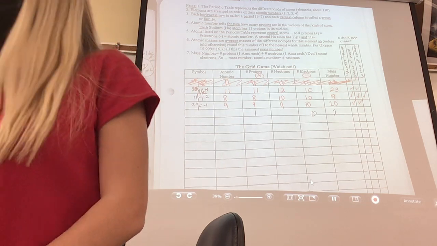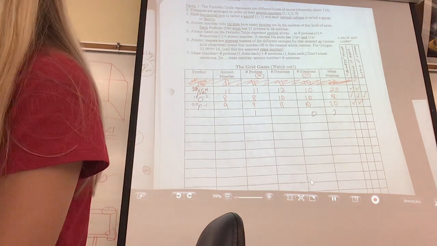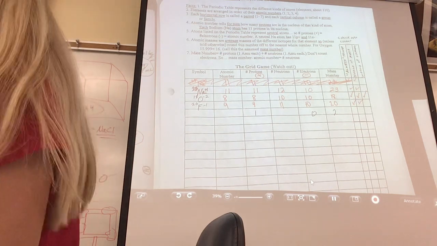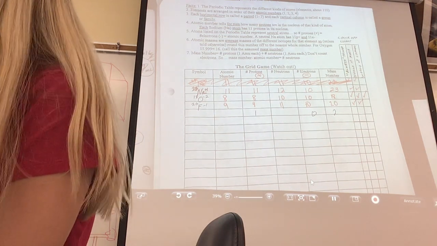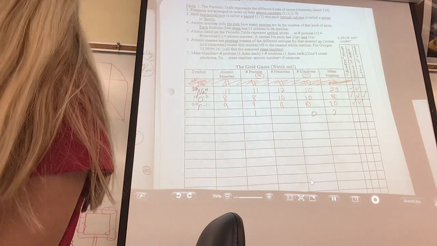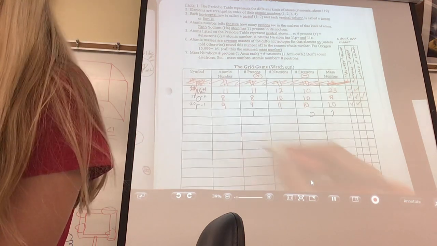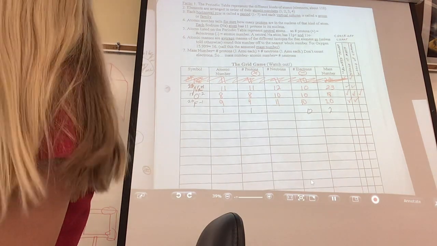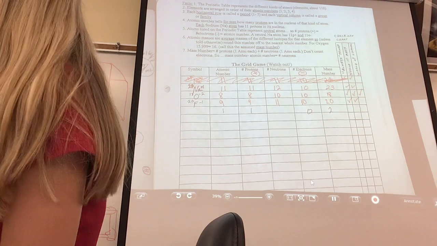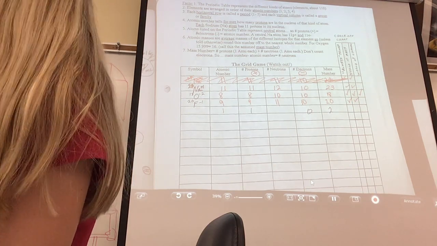So the number of protons is the same as the atomic number. Always? Yes. That's true. It is always true. And there's one more thing that's linked to an always. What is that?